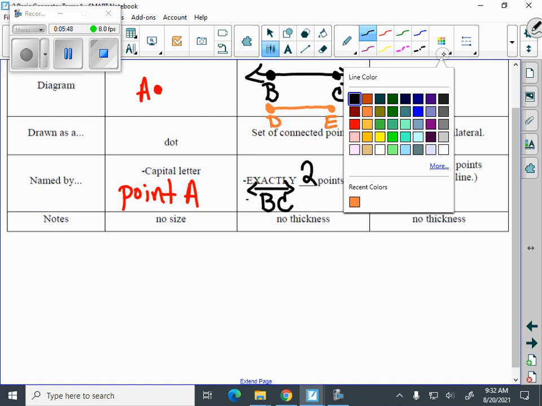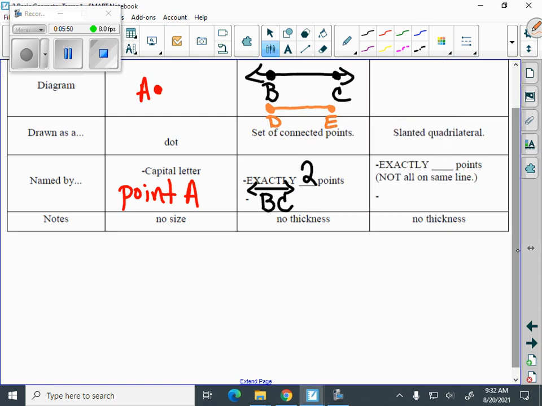If we're talking about a line segment, I tend to draw it like this, just a straight line, no arrows on the end. If you want to get technical, it has a point on either end. I seldom do it. There's no thickness to this.